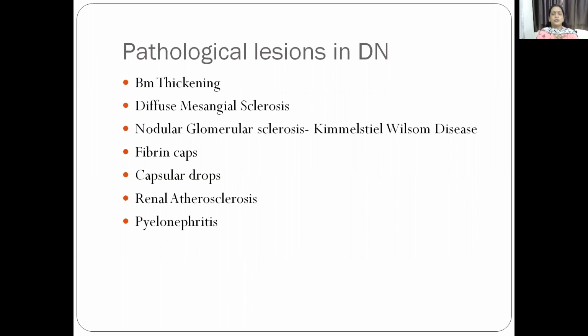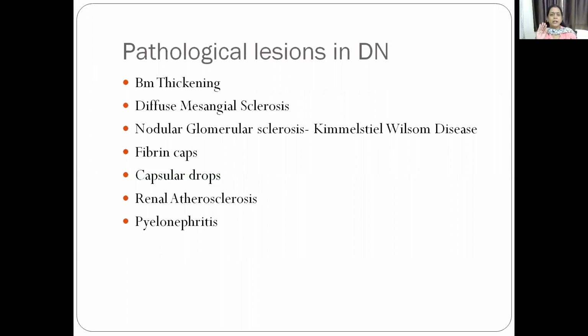What happens because of this is there is an increase in glomerular filtration, hyperfiltration, then an increase in intraglomerular pressure, then the formation of all these things in the renal parenchyma will cause oxidative stress, and this oxidative stress causes the renal injury, which progresses in the form of diabetic nephropathy as a glomerular lesion, a vascular lesion, or a pyelonephritis.